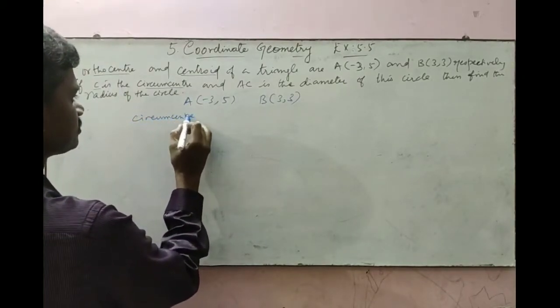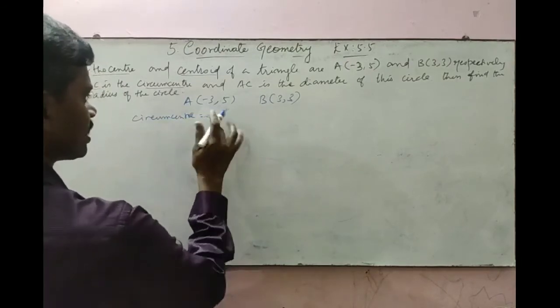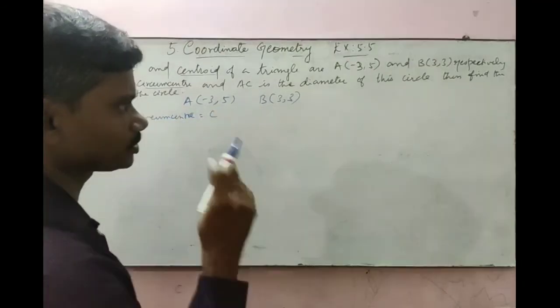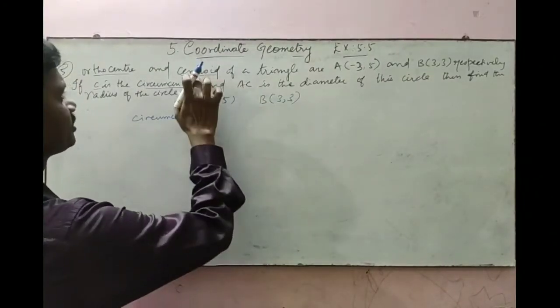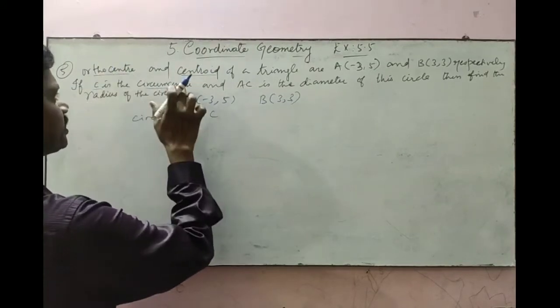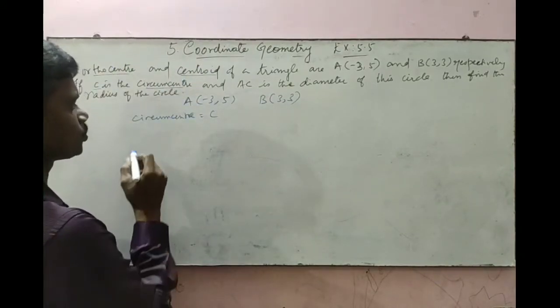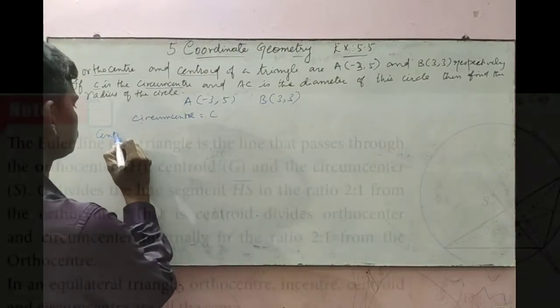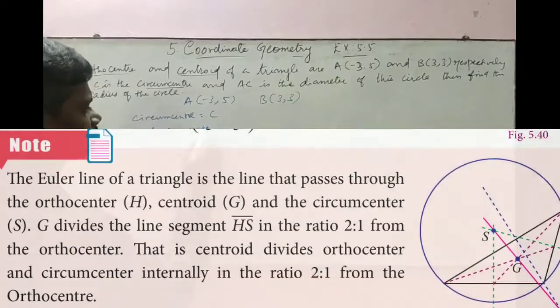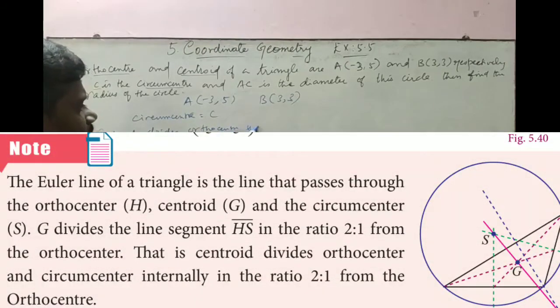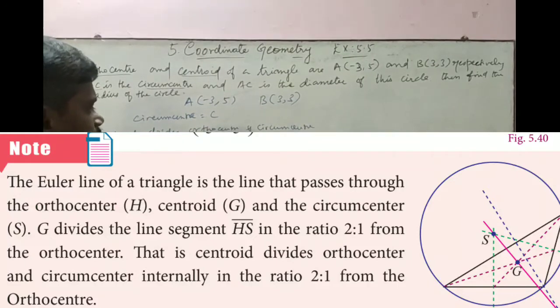Circumcenter is C. So we have a relation, I already told in the starting of this session. Centroid divides orthocenter and circumcenter in the ratio 2:1.